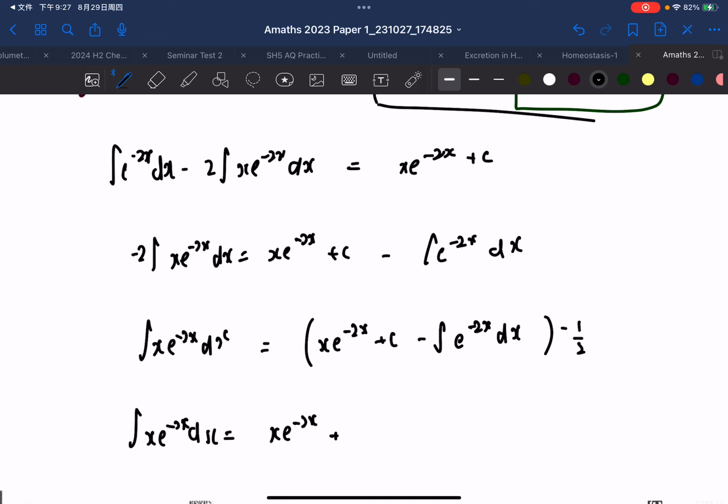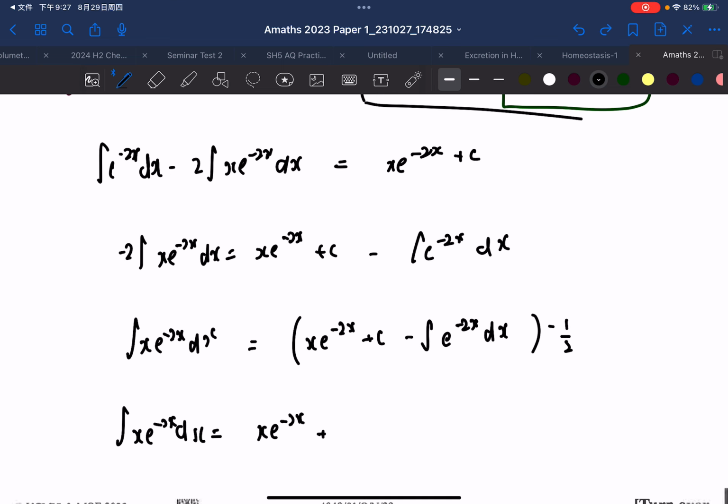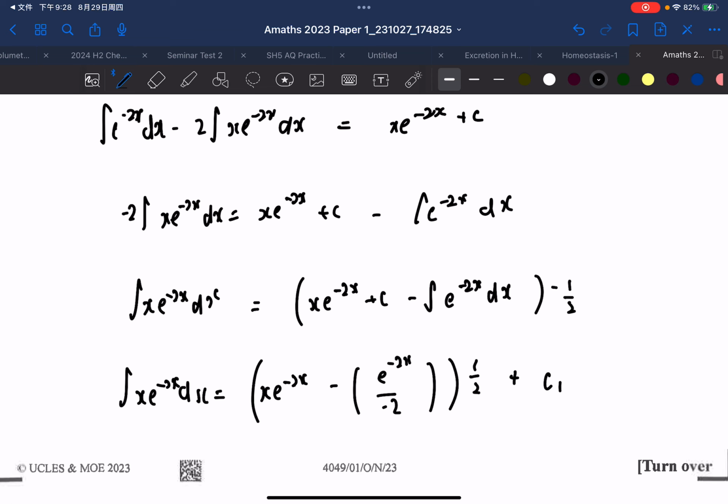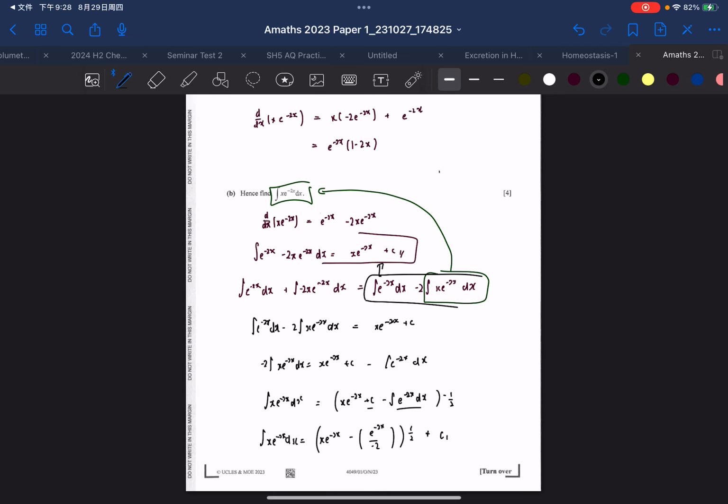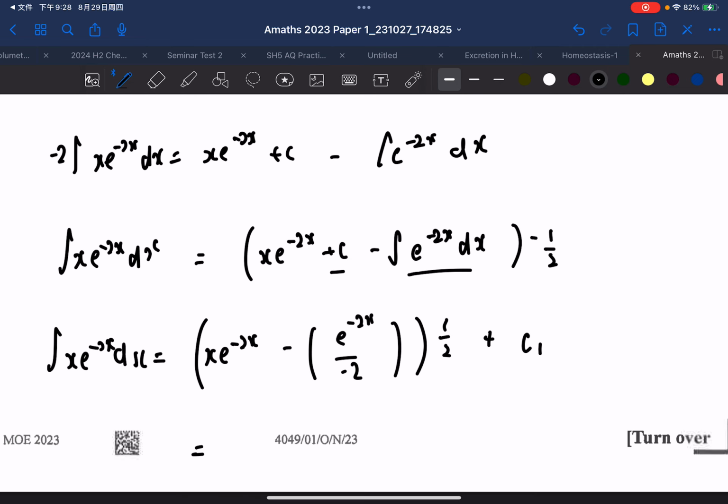Integrating e negative 2x gives e negative 2x over negative 2, right? And then everything half plus c2. Why do I use c2? Because the constant will be different, because it's the constant of this plus the constant of this. So we simplify our answer.